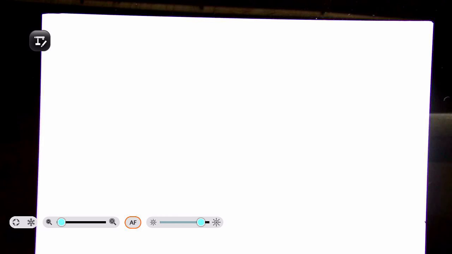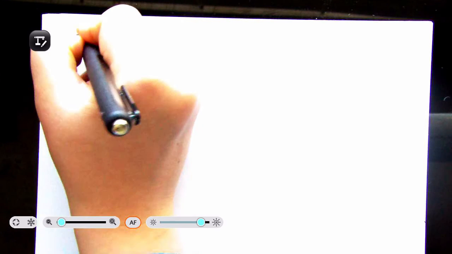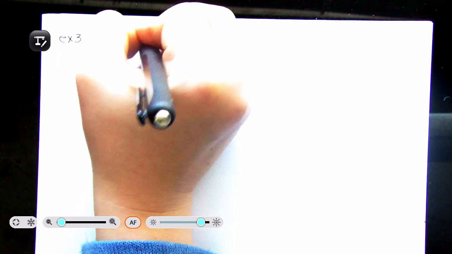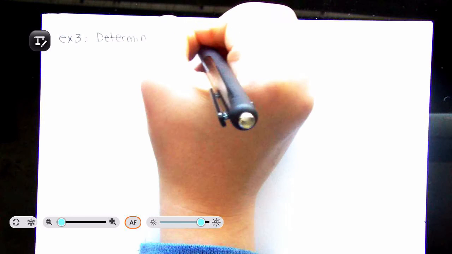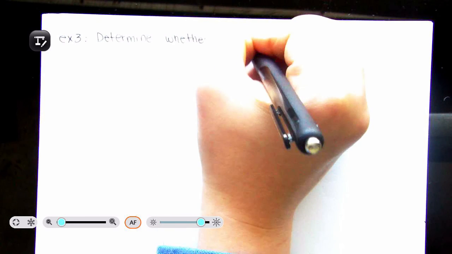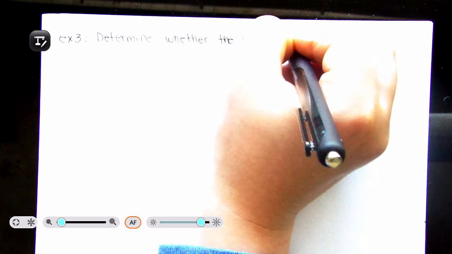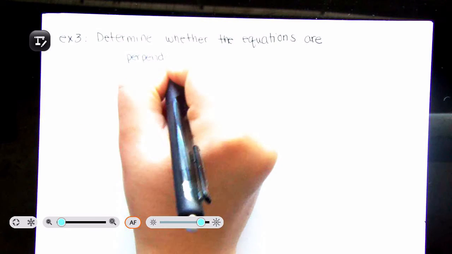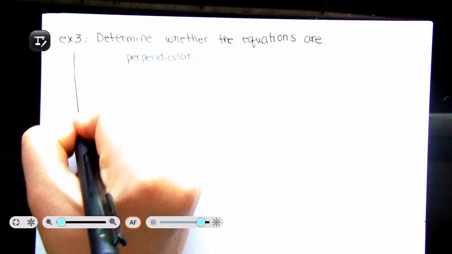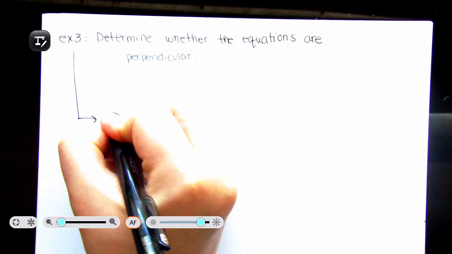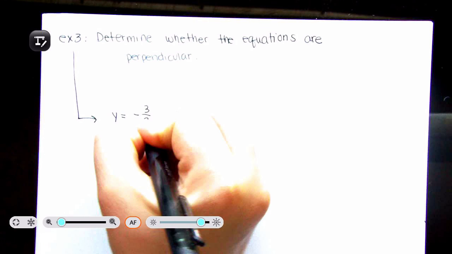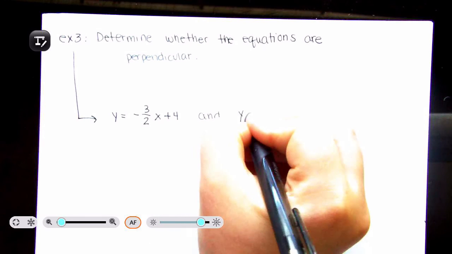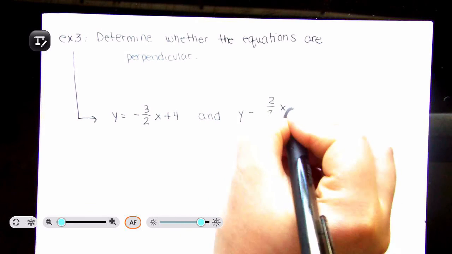All right, and now we're working on example number 3. In example 3, we want to determine whether the equations are perpendicular. Here's our example: y equals negative 3 halves x plus 4 and y equals 2/3 x minus 7.